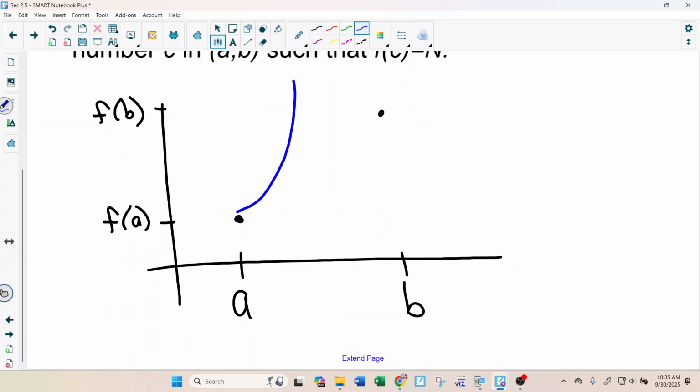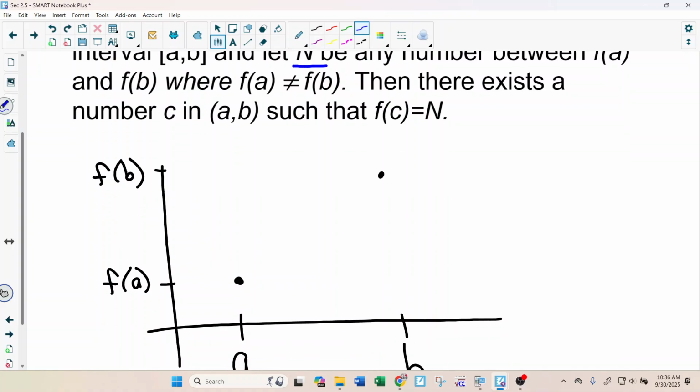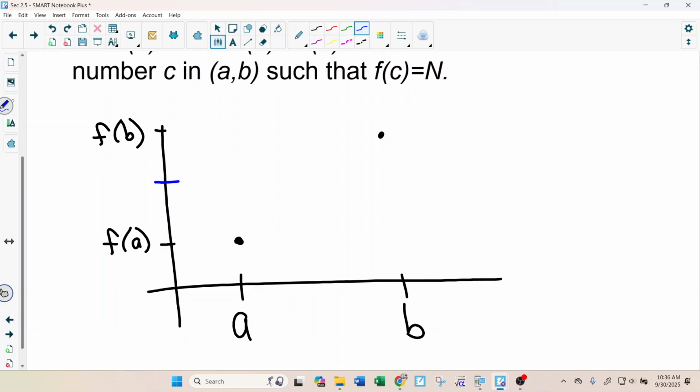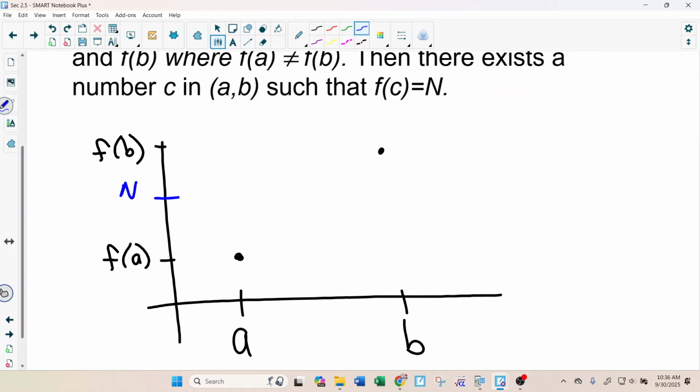I don't have an asymptote. I don't have a jump. I don't have a hole. Nothing crazy is going on because it's continuous all the way from a to b. This theorem says if there was an n between f of a and f of b, there has to be some number c where it equals that value.